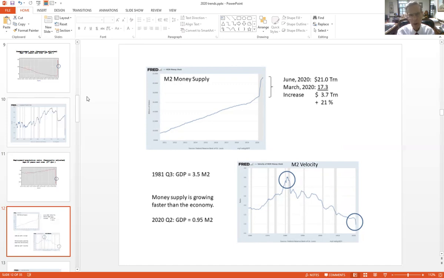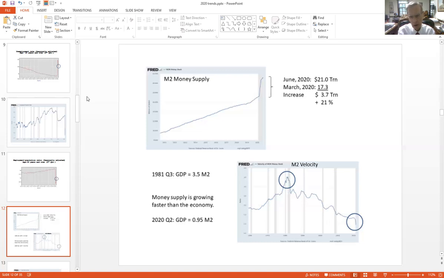And that was a 21% increase in the money supply as measured by M2. And I always have trouble remembering what M2 includes, but it's the currency in circulation plus bank deposits, savings deposits, and I think it includes CDs. But it's essentially liquid currency. And it's gone up by more than a fifth, by 21%, just in 3 months.